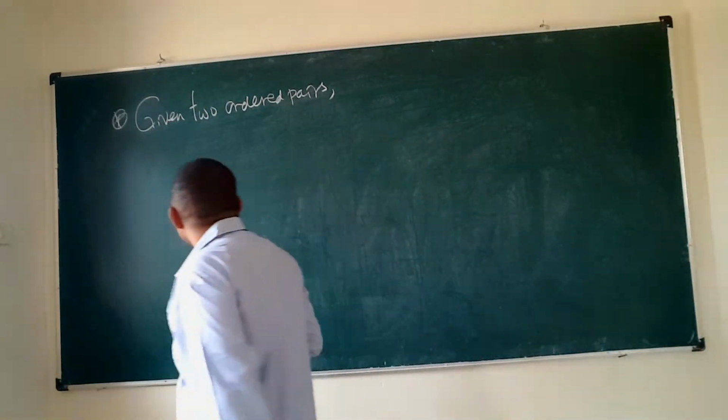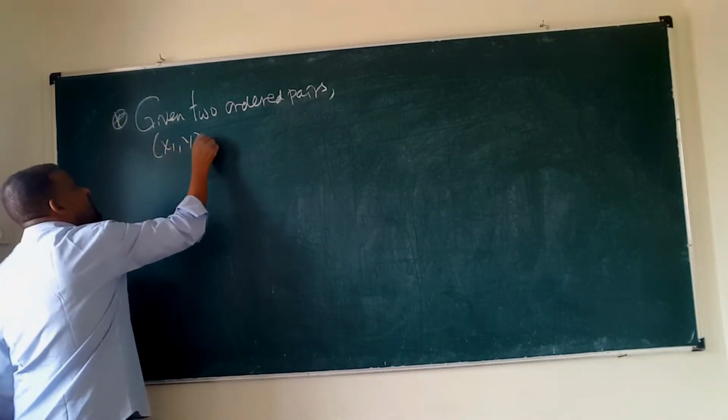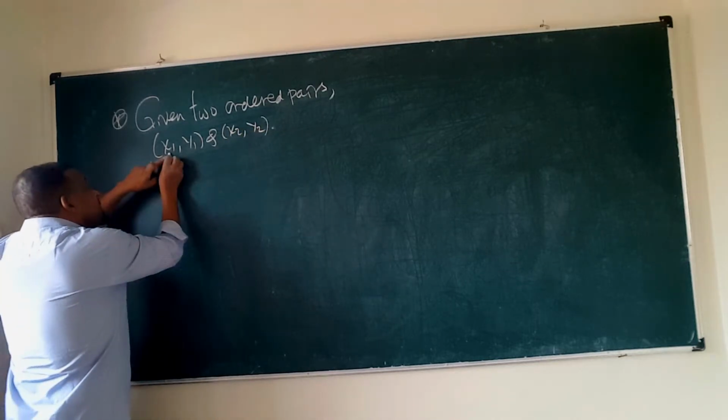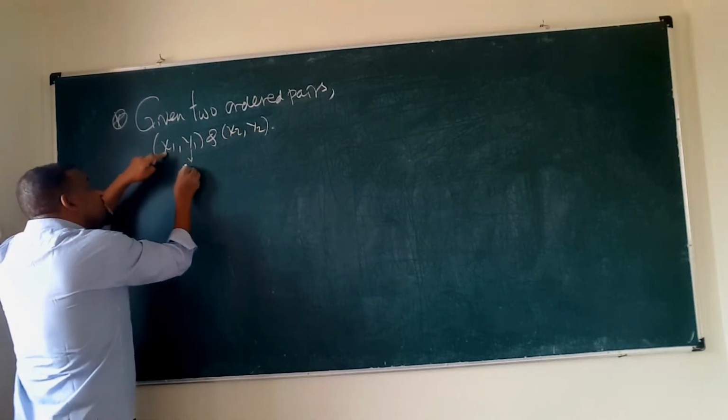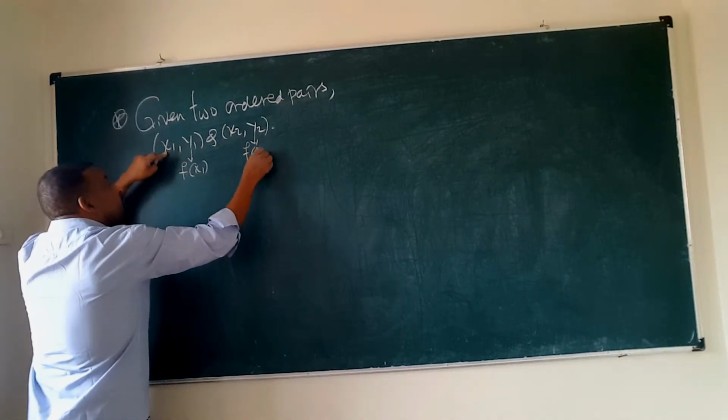X. Good. So given two ordered pairs, say x1, y1 and x2, y2 ልባርጉ አሁን x1 y1 ማለት ምን ማለት ነው? y1 ማለት f of x1, y2 ማለት ደግሞ f of x2.